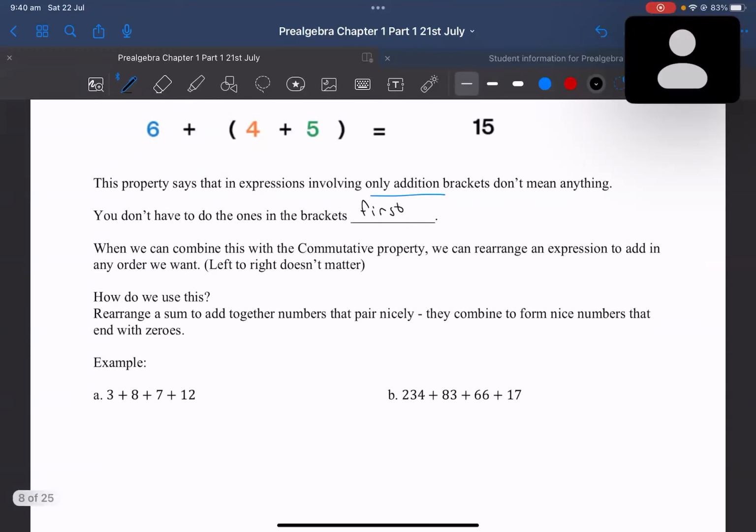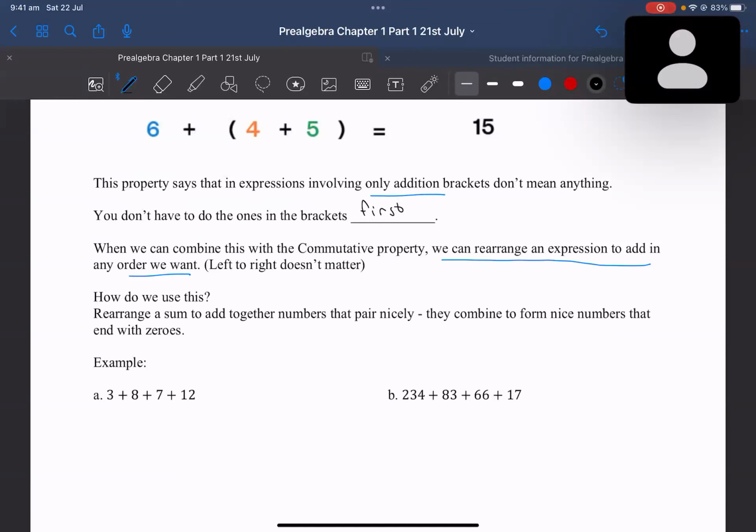So when we combine this with the commutative property, we can rearrange any expression in any order. So then we can add in any order we want. That should make it easy for us. Left to right doesn't matter. I'll explain how we use this first.